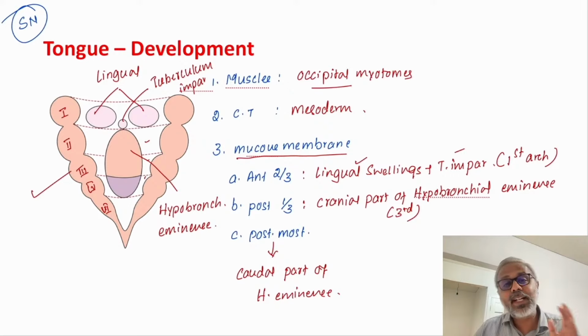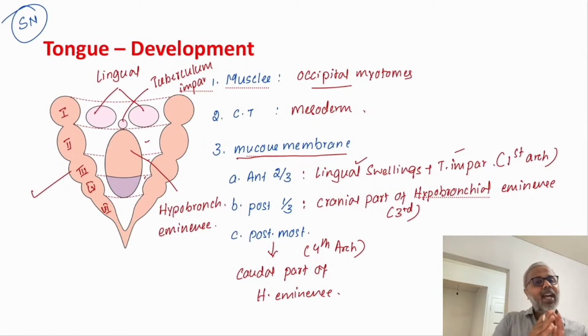That is why it is innervated by the glossopharyngeal nerve. The caudal part of the hypobranchial eminence, which gives rise to the posterior most part of the tongue, mainly comes from the fourth arch, and hence it is supplied by the internal laryngeal branch of vagus. This is how we correlate the nerve supply of the tongue embryologically with its development, right?